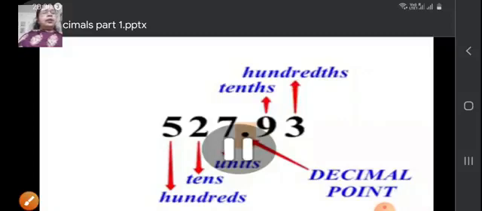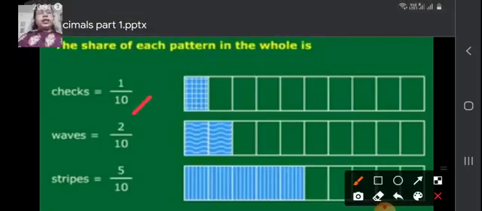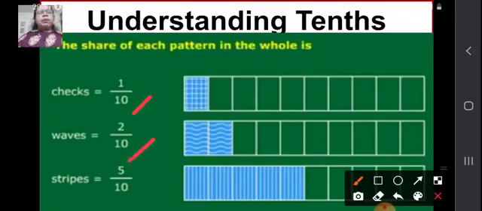Now, let us see how we express the tenths. So, we have learnt in fractions that 1 out of 10 equal parts is expressed as 1 upon 10. 2 out of 10 equal parts is expressed as 2 upon 10 and 5 out of 10 equal parts will be expressed as 5 upon 10 as fractions.